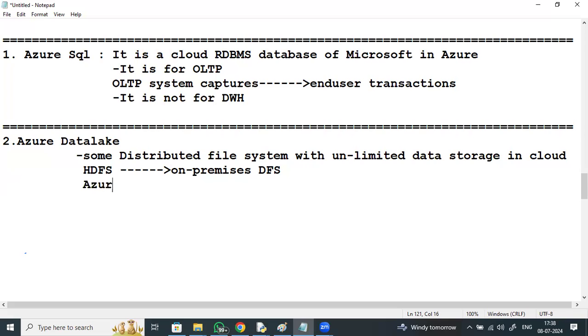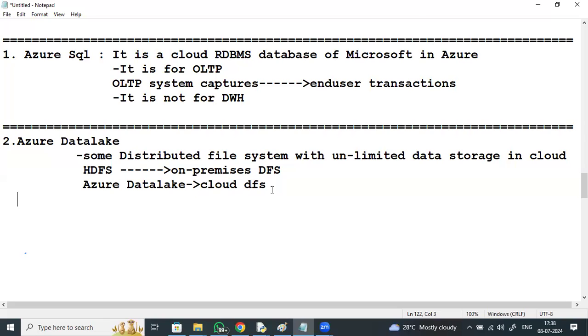So if I talk about Azure Data Lake: cloud DFS, on-premises DFS, HDFS, cloud DFS, Azure Data Lake.